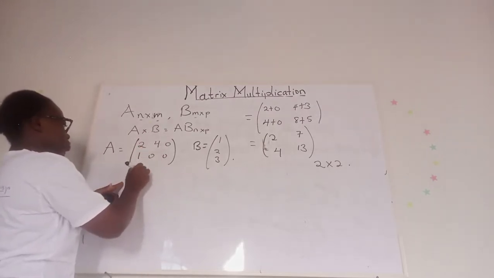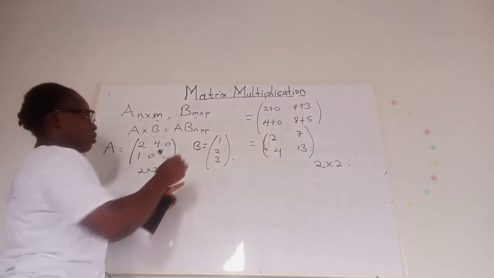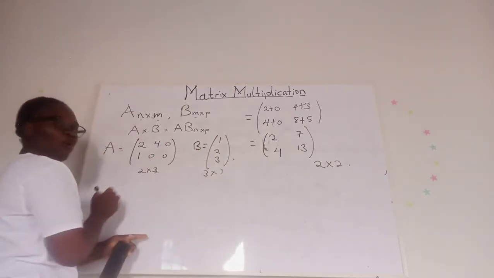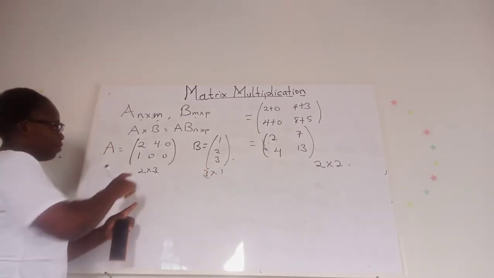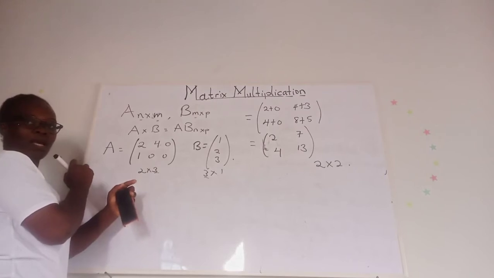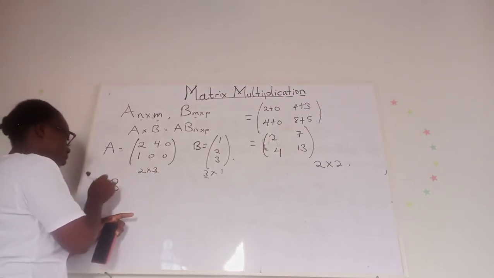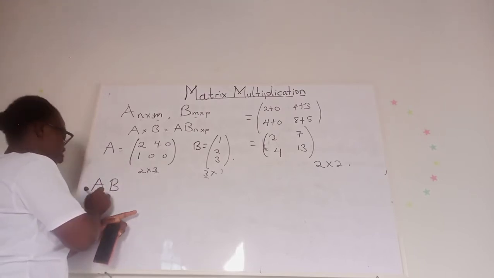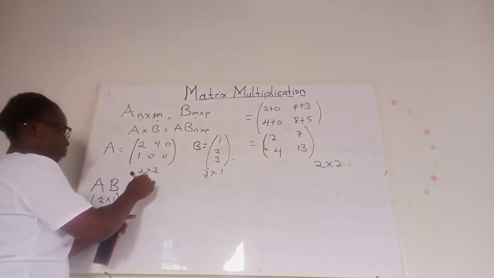This is 2 by 3. Then this is 3 by 1. So you realize that the number of columns is equal to the number of rows. So we will multiply. At the end of the day, what order of matrix are we expecting? If we have AB, then the order is going to be 2 by 1.